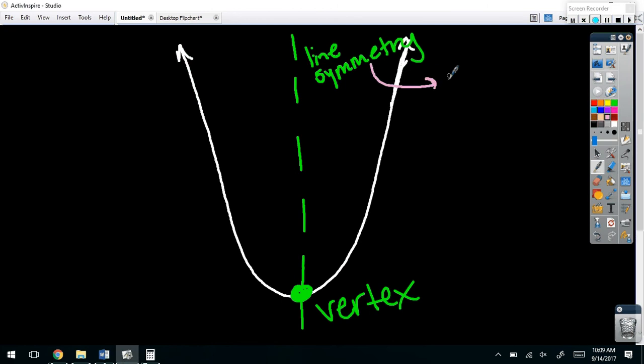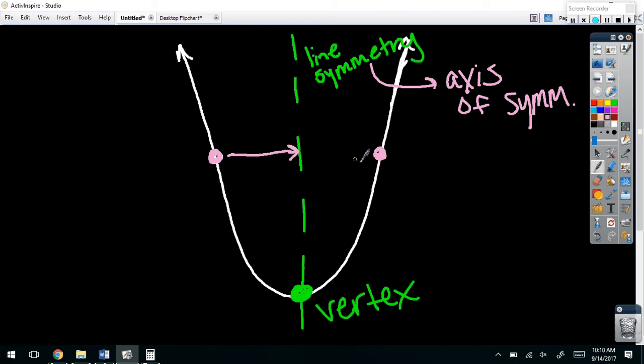We're going to refer to it as an axis of symmetry. But you're right. It's exactly the same on both sides, right? So the distance from this point to the line of symmetry is the same as the point right across from it to the line of symmetry. If it weren't, it wouldn't be symmetrical. So it wouldn't be a quadratic. Correct. Okay.